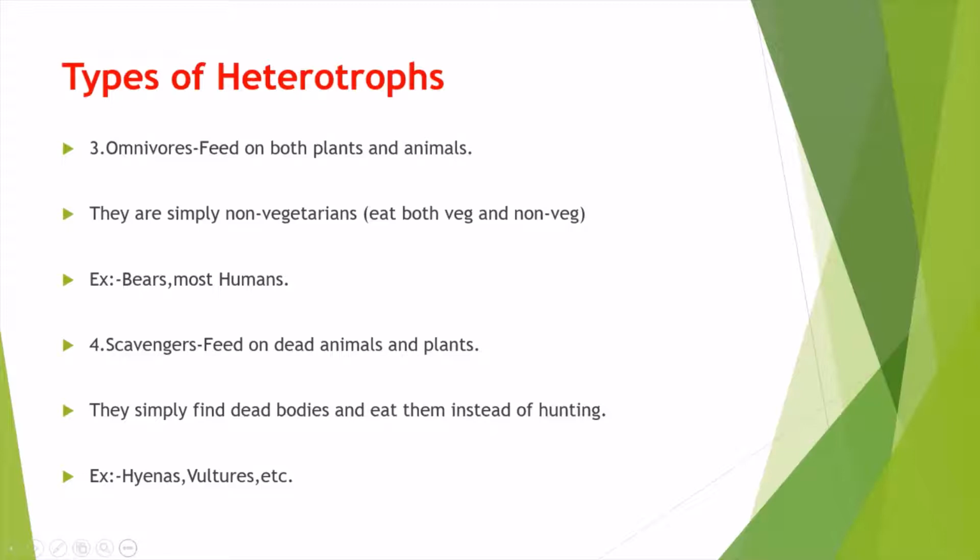Examples are hyenas, vultures, etc. But that doesn't mean that if a live animal goes near a hyena, there is a rule that the hyena won't harm it. If that animal is stronger, it would leave it, but if it is a weaker or small animal, it can hunt it down also. But mostly hyenas and vultures don't hunt.